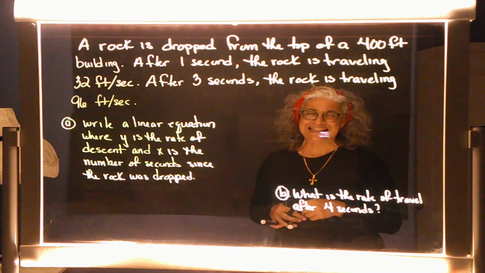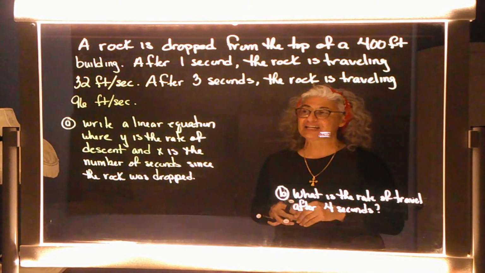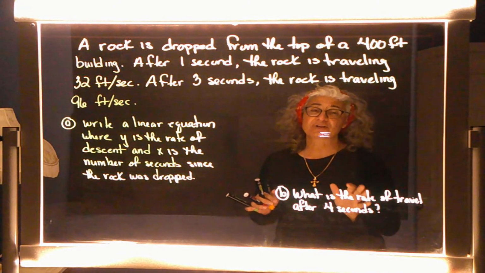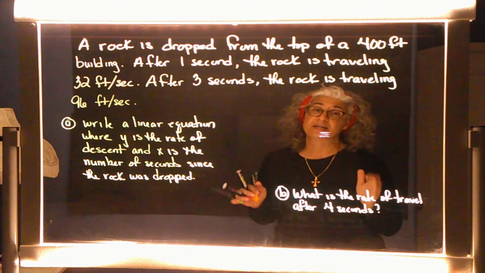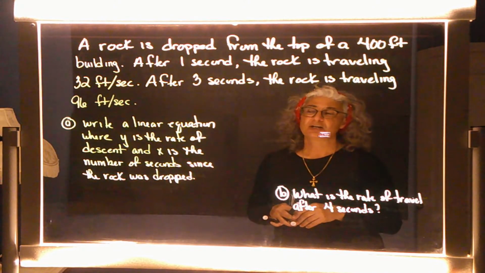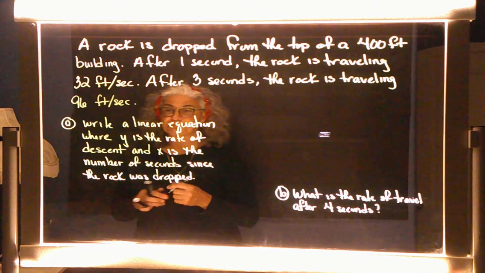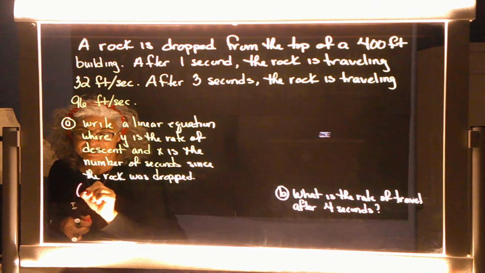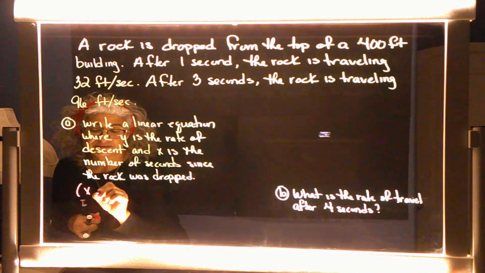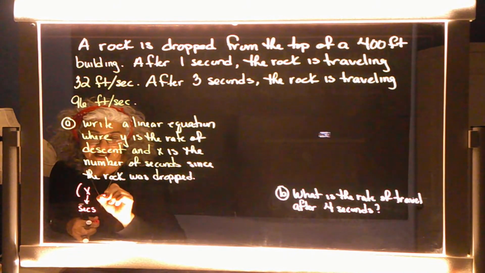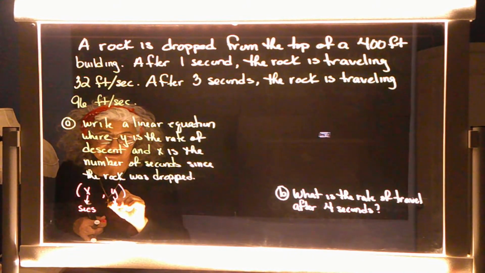The easiest way to go is to get a slope for sure and just a point, right? I'm never guaranteed a y-intercept, but I'm guaranteed at least a point. All right, so let's look at the information they gave us. They say x is the number of seconds, and y is the rate.